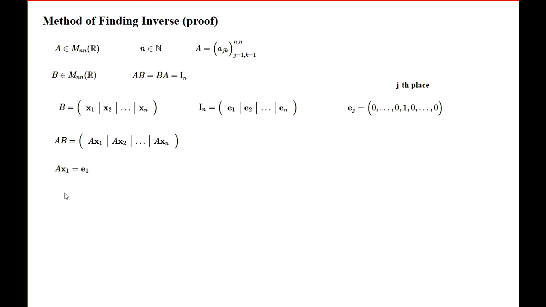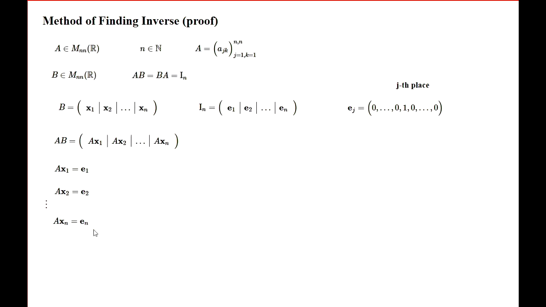First column equals the first column. Second column on the left-hand side equals the second column on the right-hand side. And you do it for all of the n columns. The last relation will be nth column equals the nth column.